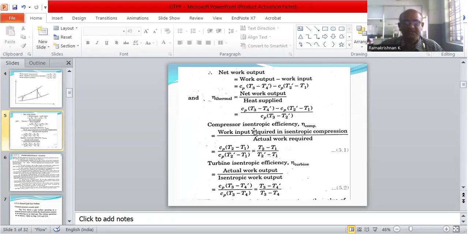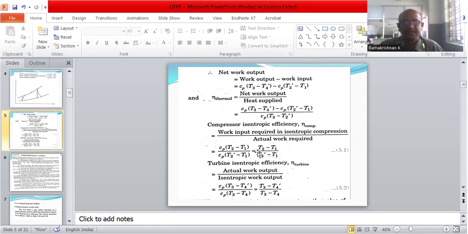Here the isentropic compression work is Cp into (T2 minus T1), and the actual work required is Cp into (T2 dash minus T1).